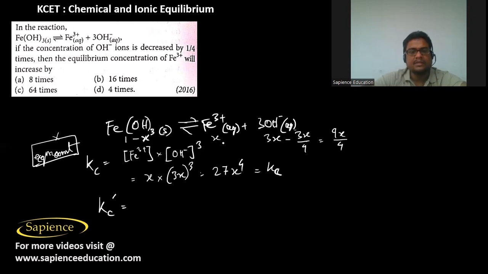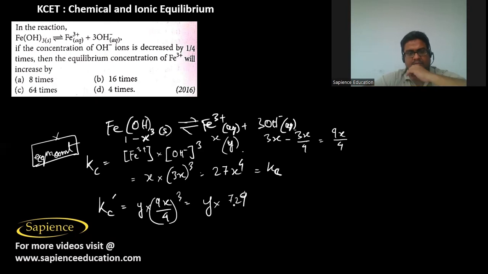So the new concentration of Fe3+ ion, let it be y. Therefore, I can say it is y into 9x by 4 whole cube. So that will be equal to y into 9 nines 81, 3 nines 27, 729, divided by 4 fours 16, 16 fours 64, into x cube.